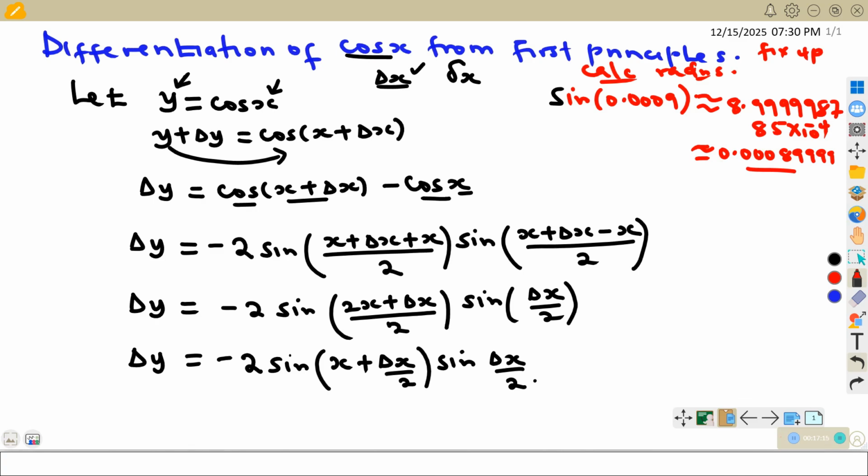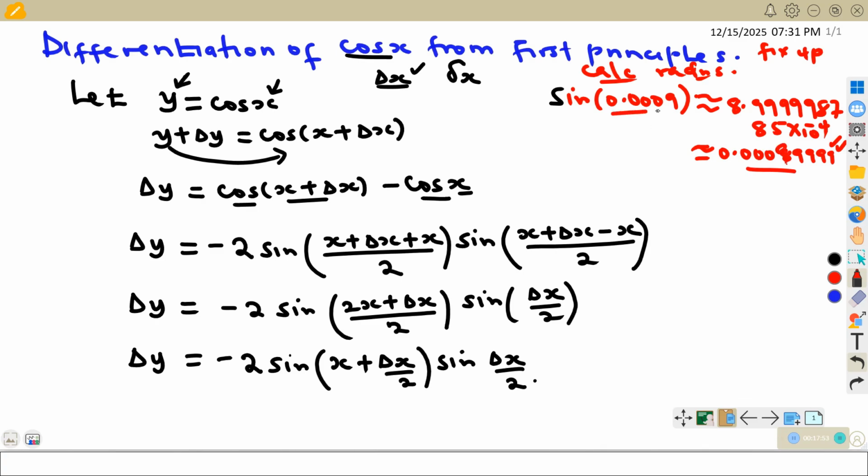We are having 8.999 times 10 to the power negative 4. So it should give us something related to 0.0008999 like that. Yes, it will be a 9.